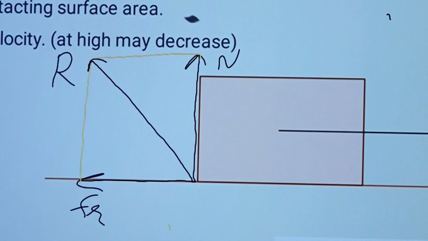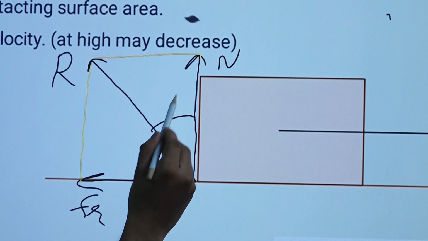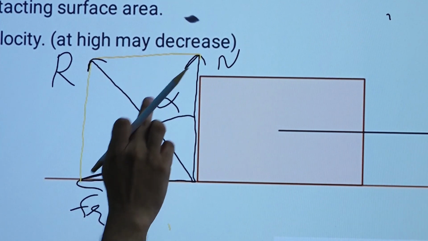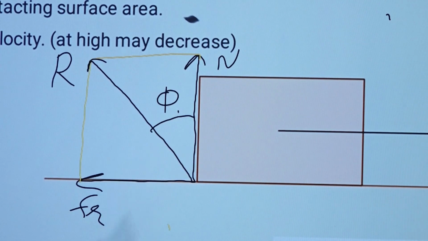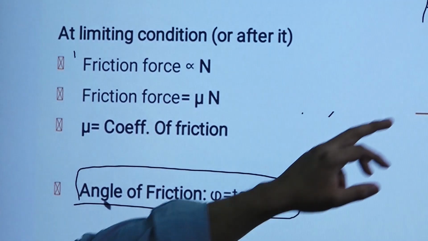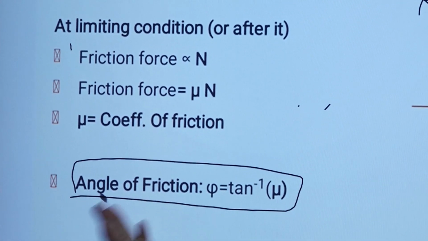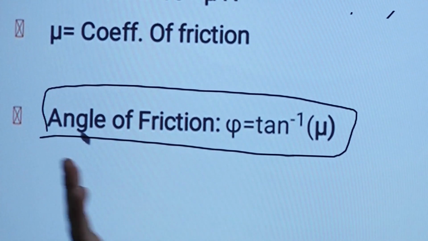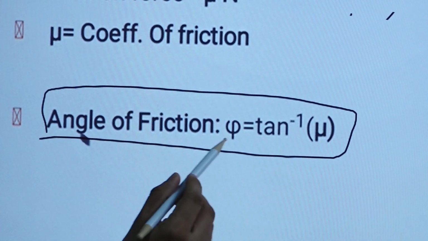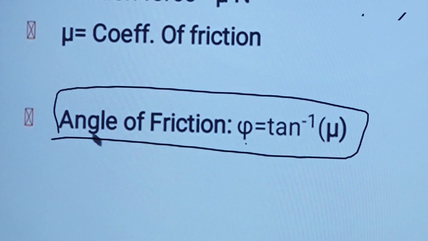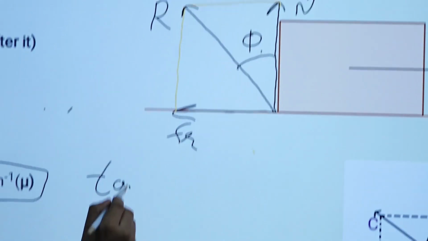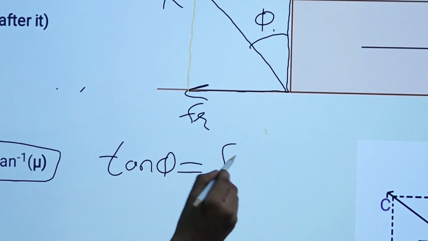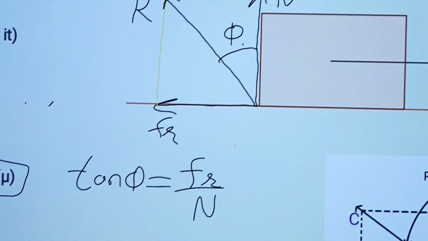In this case only, this angle phi is called the angle of friction, at the threshold time or after the threshold time. So the angle of friction is equal to phi, and if you want to find it, tan phi is equal to Fr divided by N.